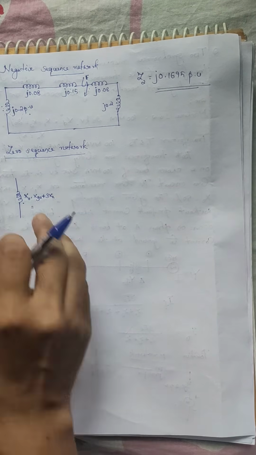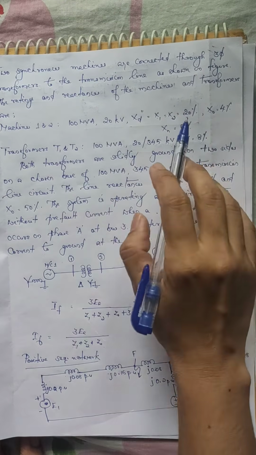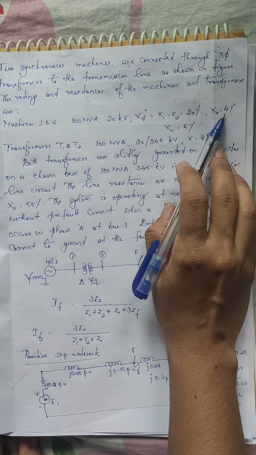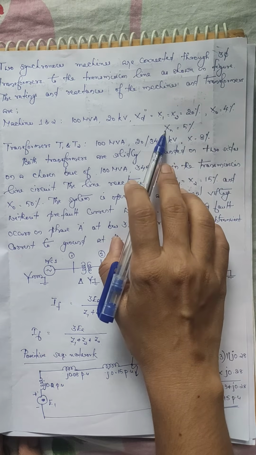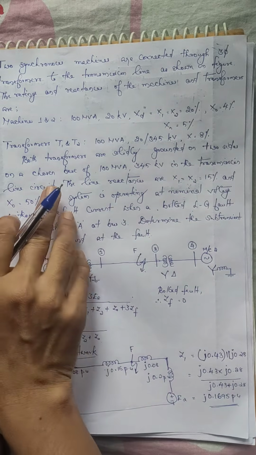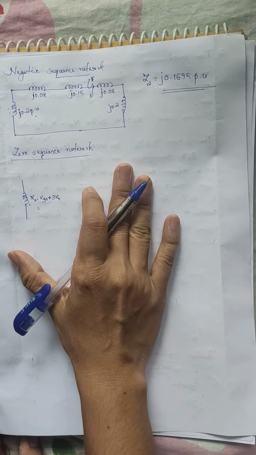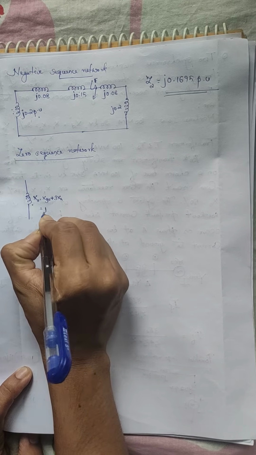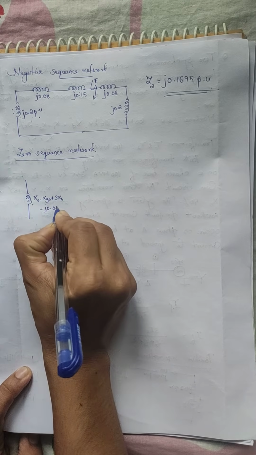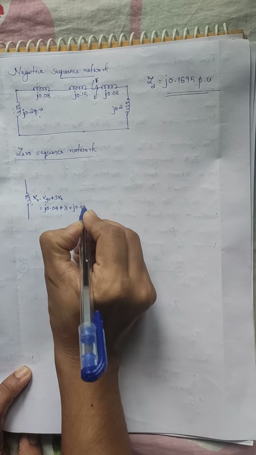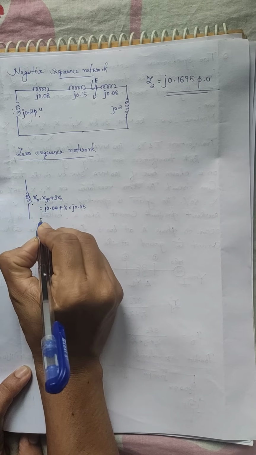So for the generator, X0, the zero sequence impedance per phase, is given as 4% and the neutral grounding reactance is 5%. So this will become J0.04 plus 3 into J0.05.